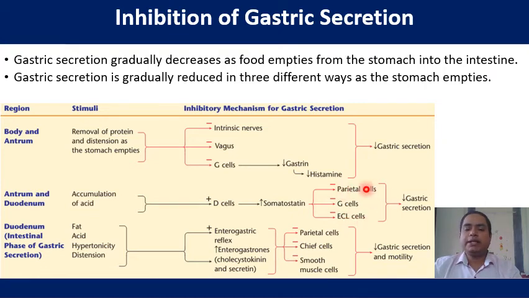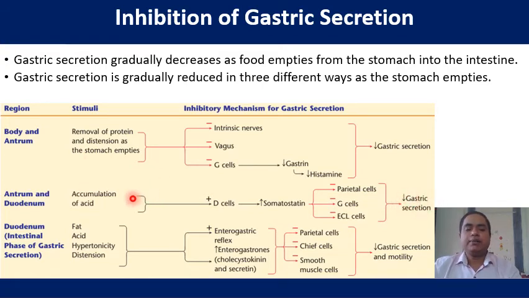So the parietal cell when inhibited releases less HCl, the G cell when inhibited cannot produce gastrin, and the ECL cell that produces histamine is also reduced. So overall gastric secretion will be reduced.